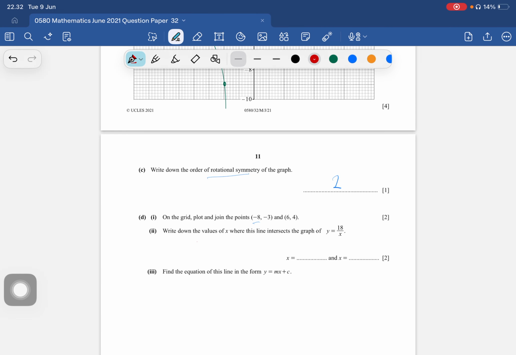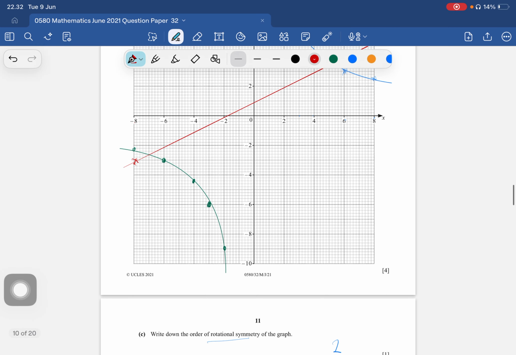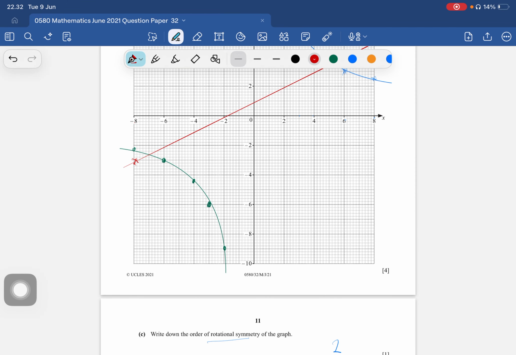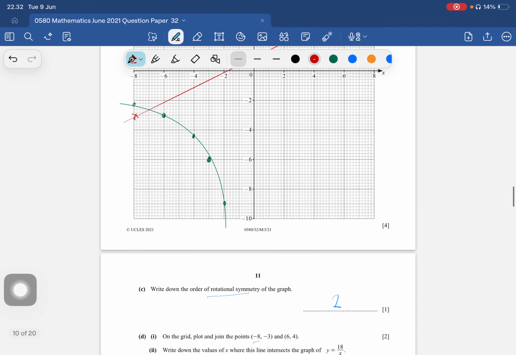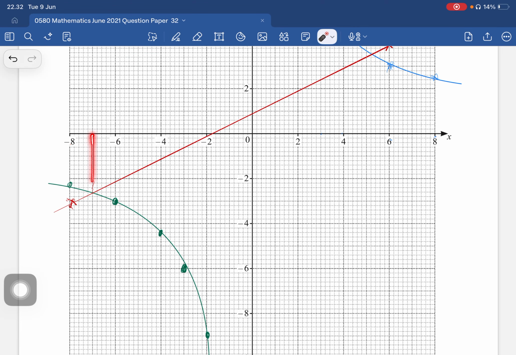Write down the values of x where the line intersects the graph y equals 18 over x. So first, the intersection point. Here's the first intersection point.